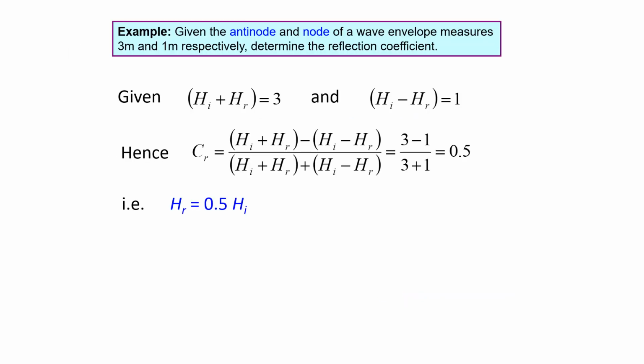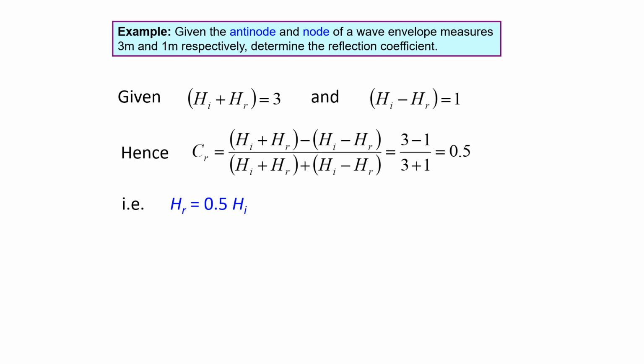Now let's look at this example. Given the antinode and node of a wave envelope measure 3 meters and 1 meter respectively, determine the reflection coefficient. So here we have a situation where, in front of the barrier or obstruction, we observe the Clapotis system. We try to measure the antinode and the node.